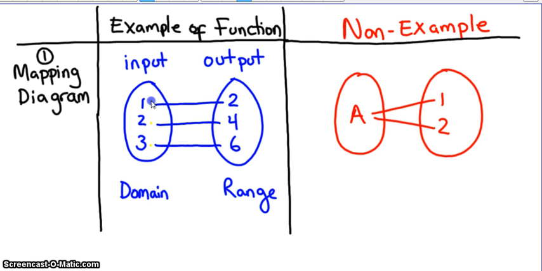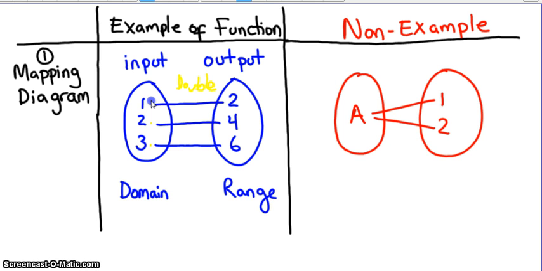This mapping diagram happens to show the doubling function. Notice that 1 is doubled to get 2, 2 is doubled to give you 4, and then 3 is doubled to give you 6. That's the doubling function.